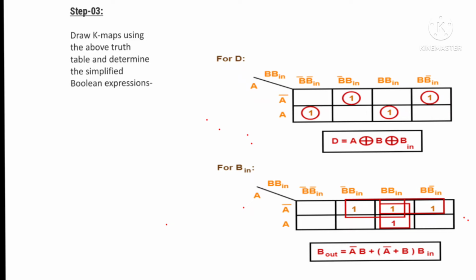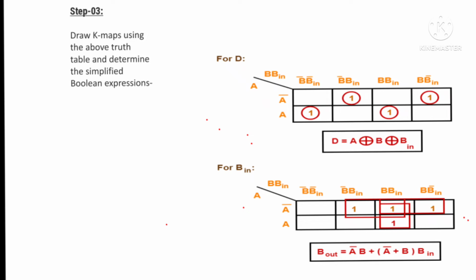This is the first one and here we get A bar, B, B in. At the second position we get A bar, B bar, B in. At the third one we get A, B bar, B bar in.